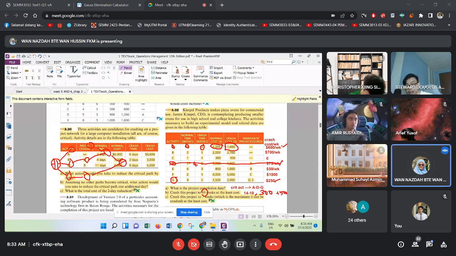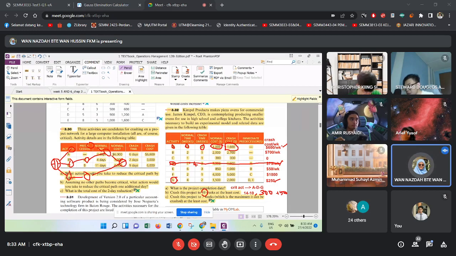Good question. So now you create the network analysis based on the network where you have crashed D from 7 to 3. Oh, crash time is 3. Christopher, you don't put value 4. You crash 4 weeks, meaning from 7 to 3.